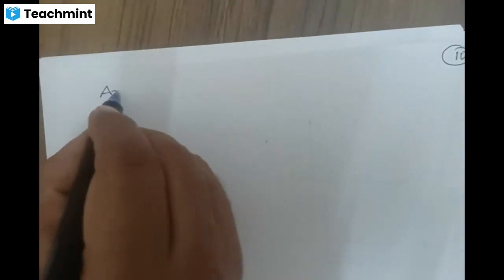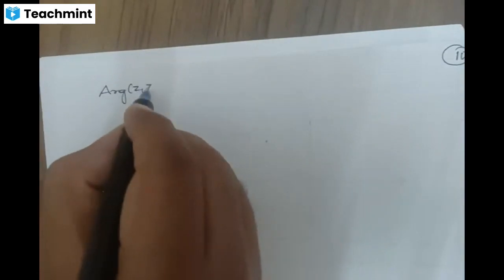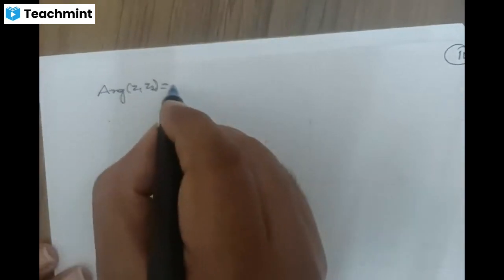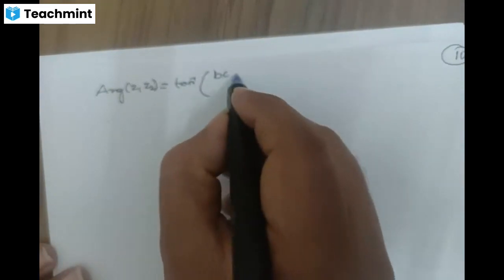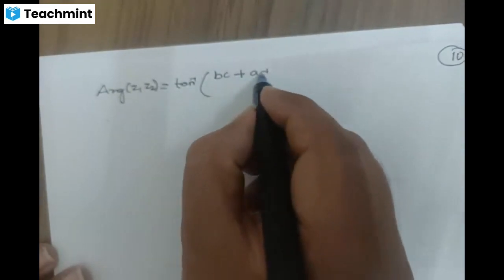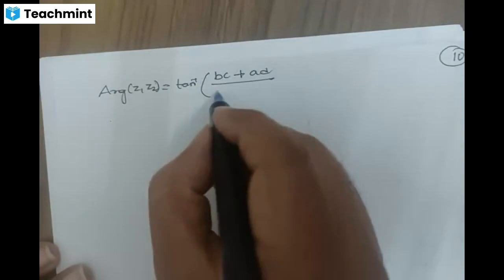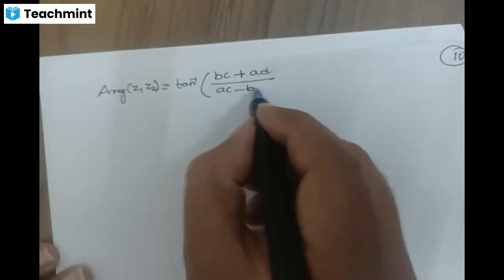So argument of z1 into z2 is equal to tan inverse of bc plus ad, the imaginary part, divided by real part ac minus bd.